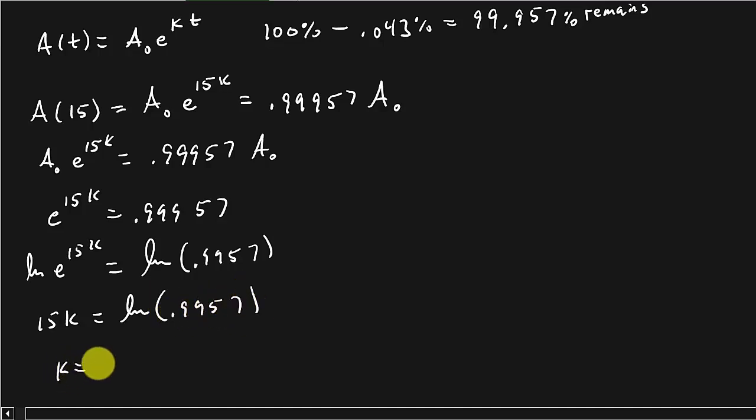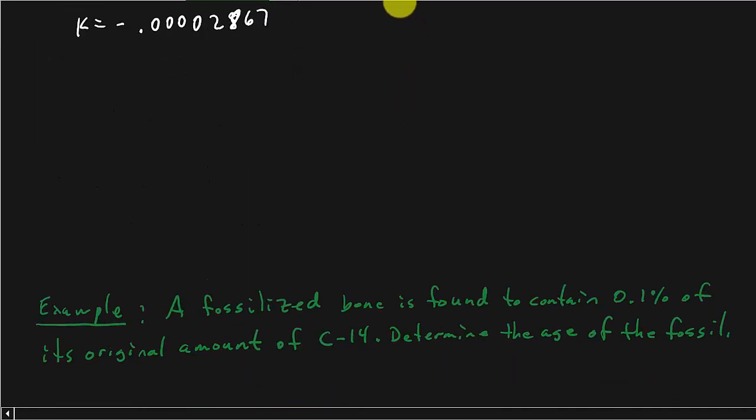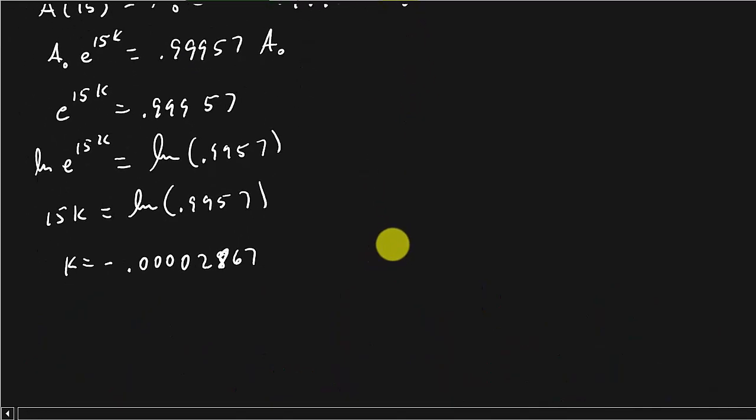So k is equal to, we're going to divide both sides by 15, and that's going to give us negative 0.00002867. So that tells me that A of t is equal to e to the negative 0.00002867 t. Okay, so I found k.